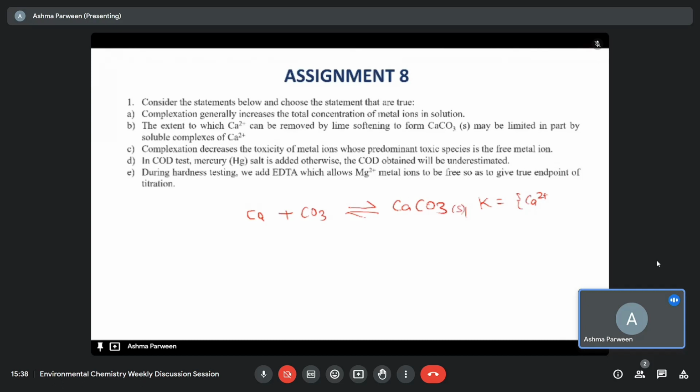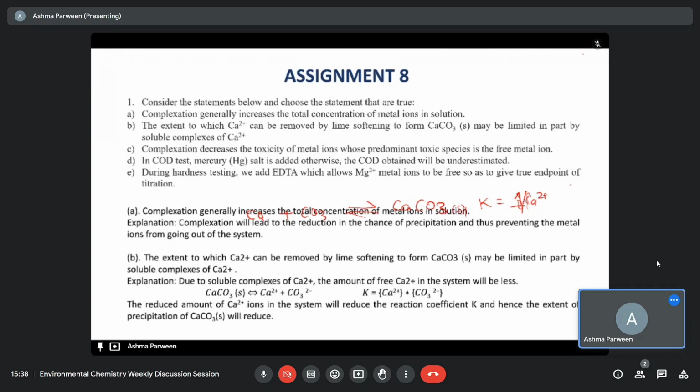Okay, I think it should be written in the reversible manner. So we can write the activity K1 by activity of C. So let's see here that CaCO3 will dissociate into Ca2+ and carbonate.